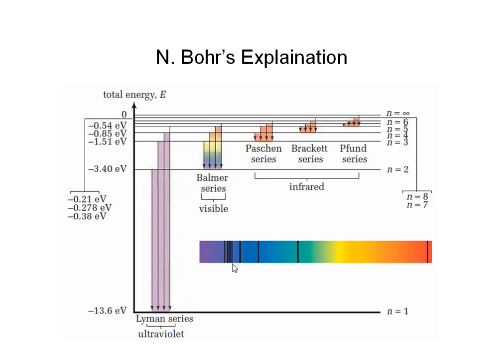I said the shorter the wavelength, the higher the energy, and the longer the wavelength, the lower the energy. So this energy determines the wavelength of the photon, and this also determines the color of the light, because the color is also wavelength.